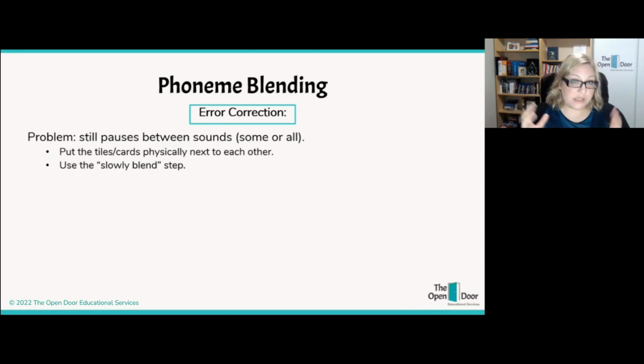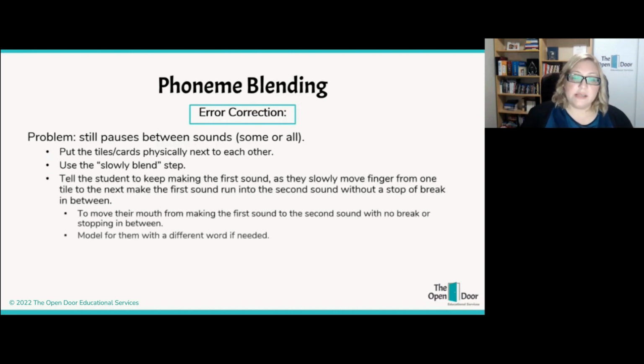Now, if just explaining that you want them to blend without having a space in between them and moving them together isn't enough, then tell the student, as you're running your finger under each of the tiles or the cards or whatever it might be that you're using, you're making the first sound and then continue making a sound and move the shape of your mouth to then make the second sound and the third, and you're making a sound without any pause in between.